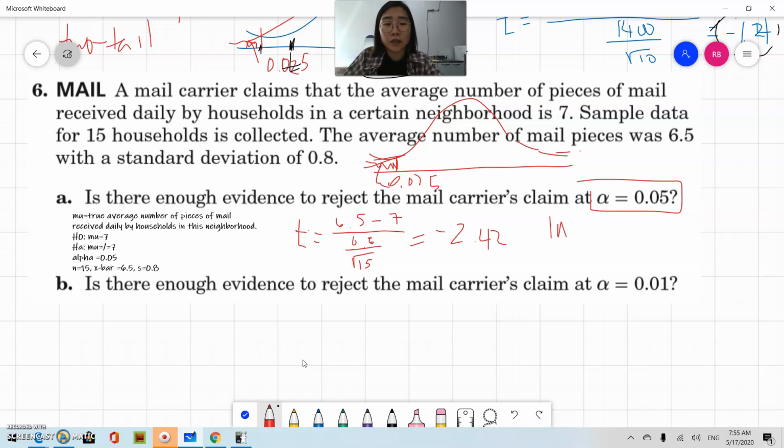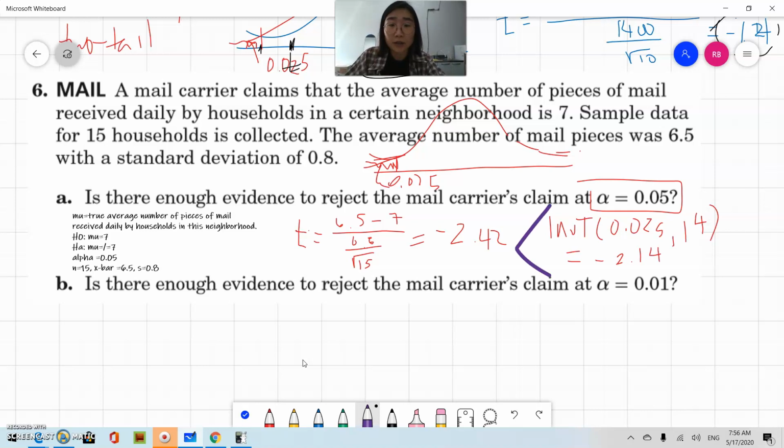So use inverse t, but now the degrees of freedom for this question is 14 because my sample size was 15. So then this is negative 2.14. So then you can see that this is greater, right? The value for the alpha is greater than the t statistics.